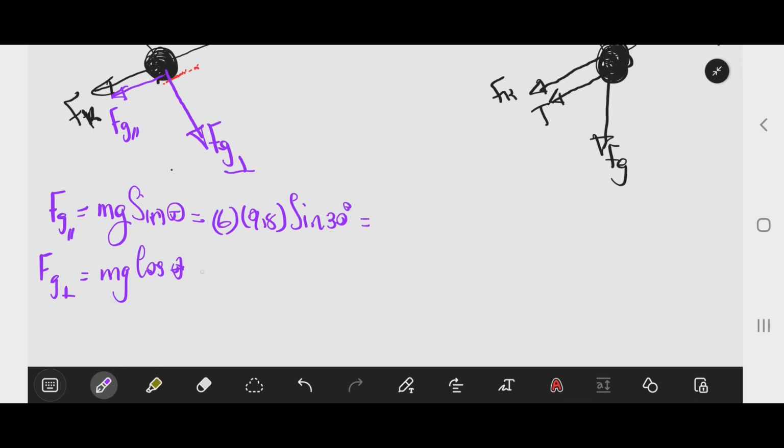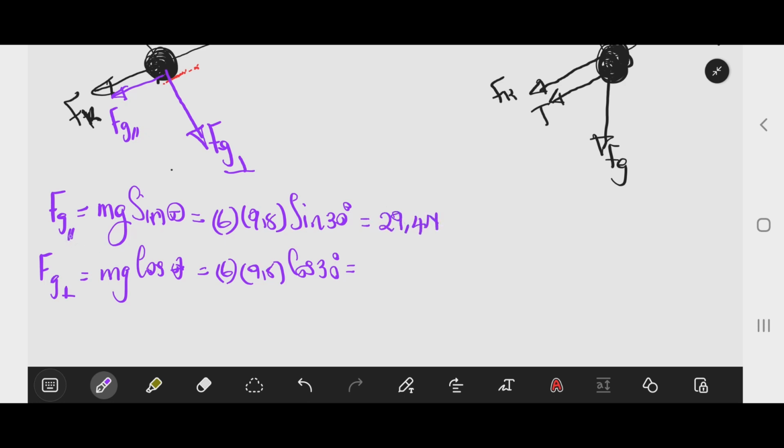And then let's look at Fg perpendicular. There would be 6 kg for the mass, 9.8, and then cos of 30. So when you resolve, you have to show on the free body diagram and just do these calculations for our analysis, right? So that would be 6 multiplied by 9.8, multiplied by sine 30, and that would be 29.4.